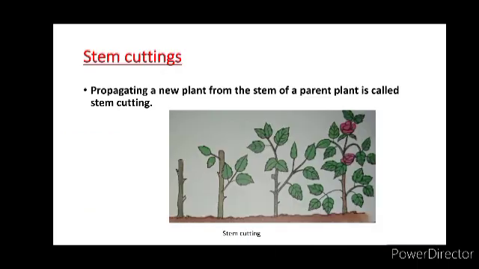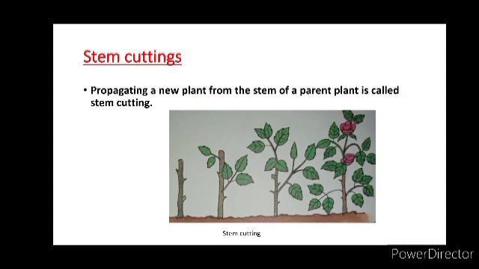The first type of vegetative propagation is by stem cutting. When the stem of a rose bush or a hibiscus plant is cut and replanted in the soil, new shoots appear on this cut stem. See here in this picture.